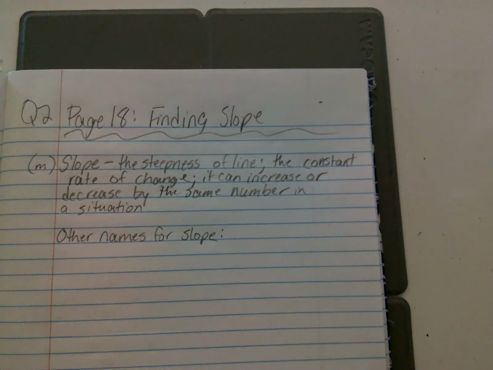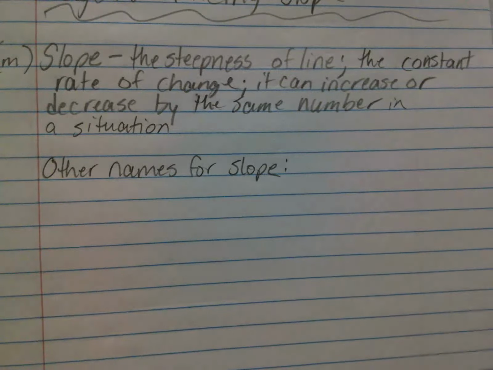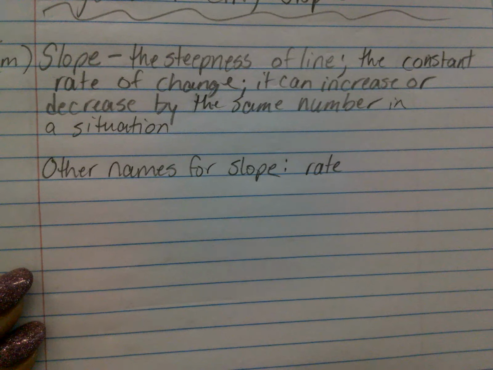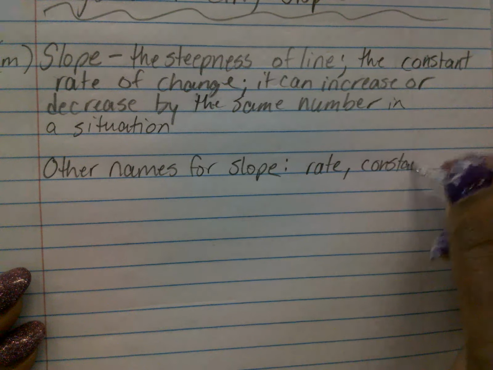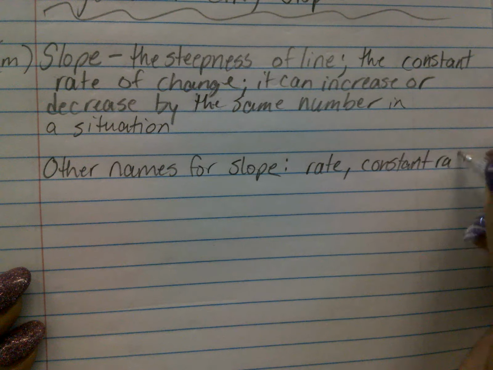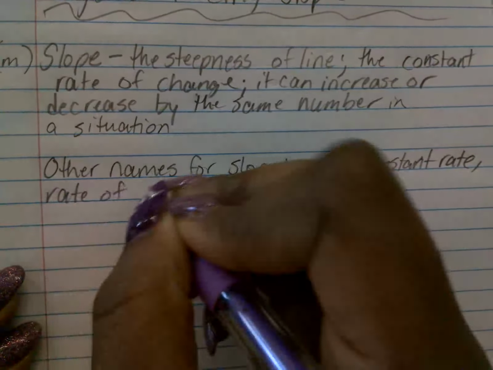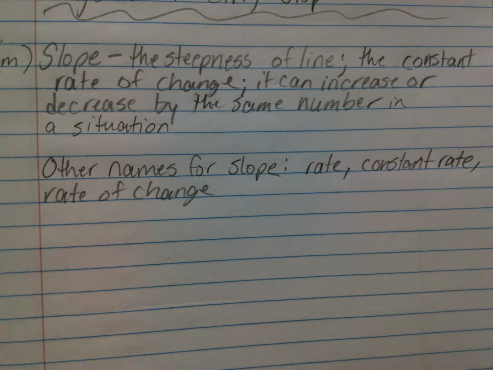Besides the word slope itself, some other names could be rate or constant rate, rate of change, and one from last year is constant proportionality.